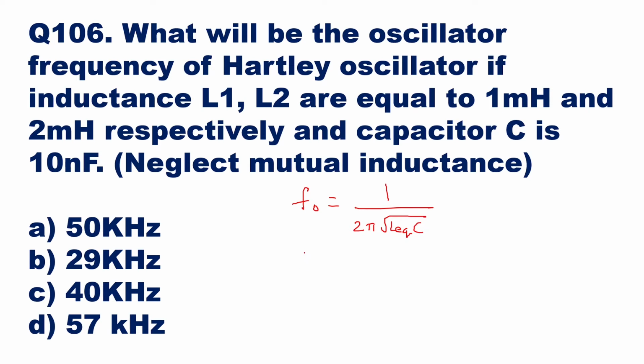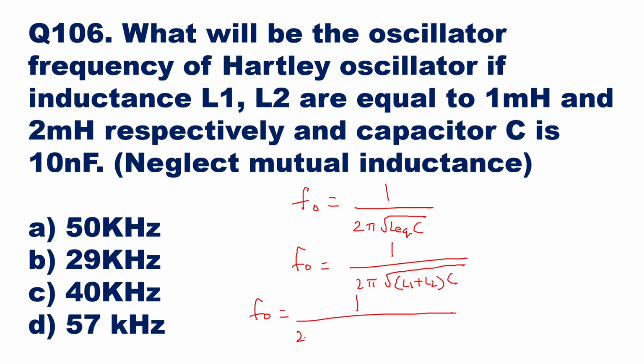So it is nothing but f0 is equal to 1 upon 2 pi under root (L1 plus L2) into C. Okay. So if you substitute these values, you will get f0 is equal to 1 upon 2 into 3.14, which is the value of pi, then under root L1, L2 is given as 1 millihenries and 2 millihenries.